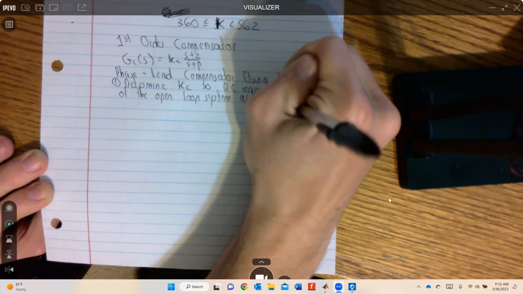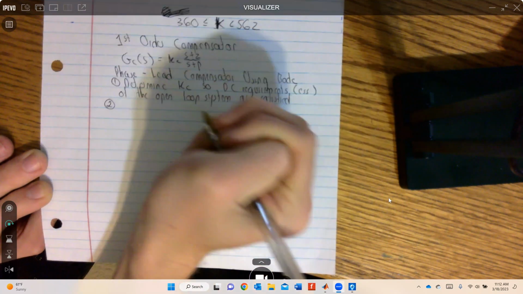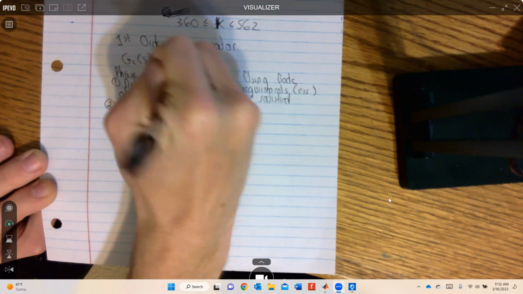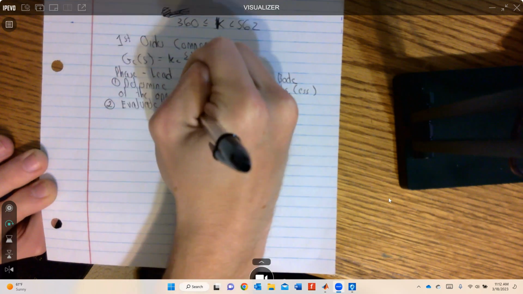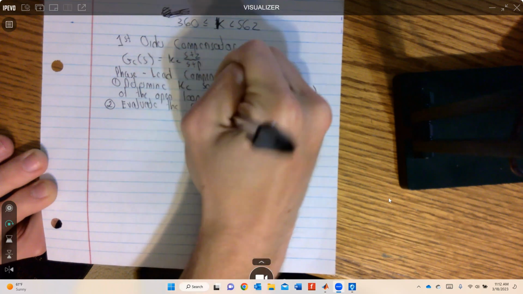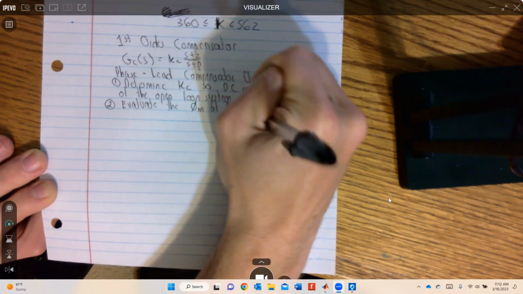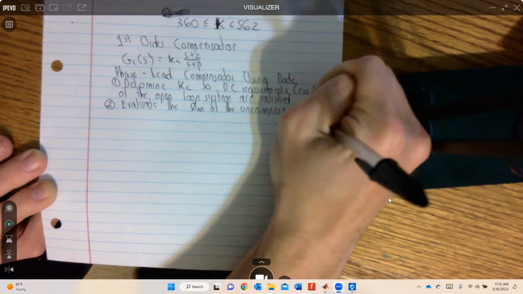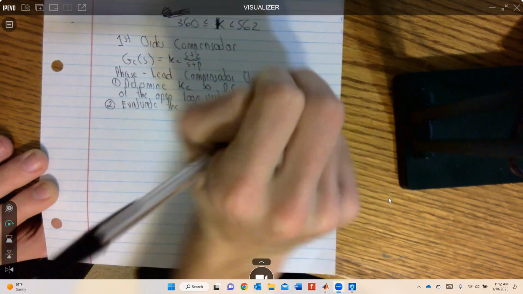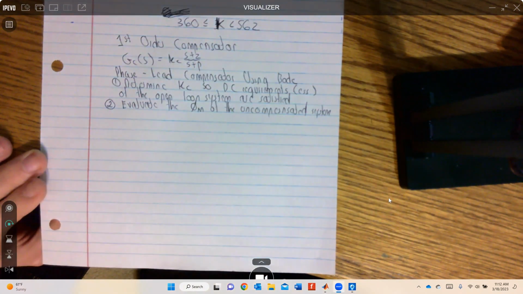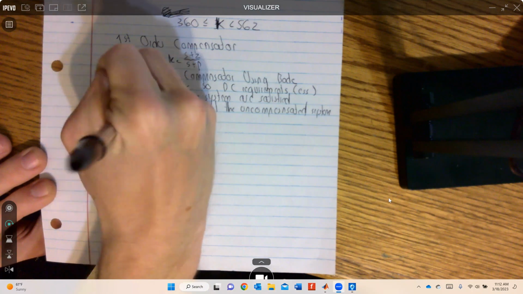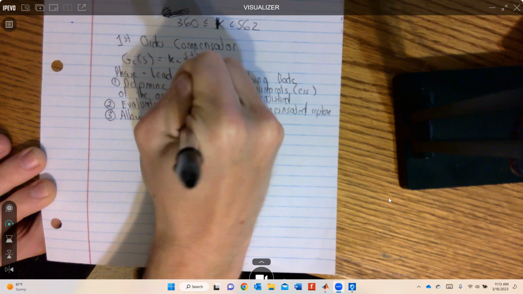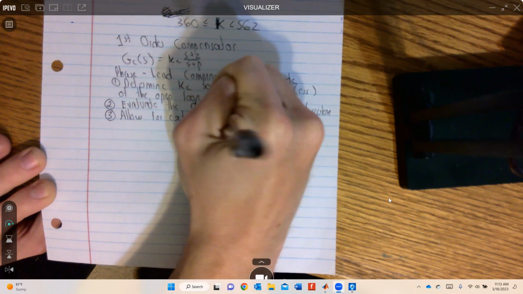The second step is to evaluate the phase margin of the uncompensated system. This is where we plot it and look at the phase margin. Then we allow for some extra phase. We like to add more phase than less, so the extra margin is about 5 to 12 degrees.